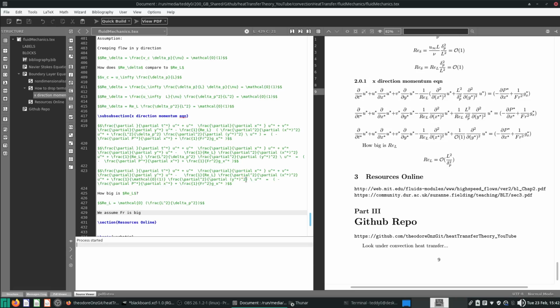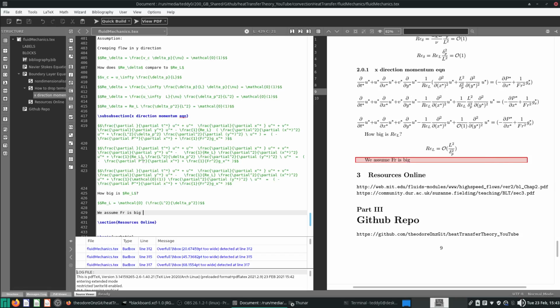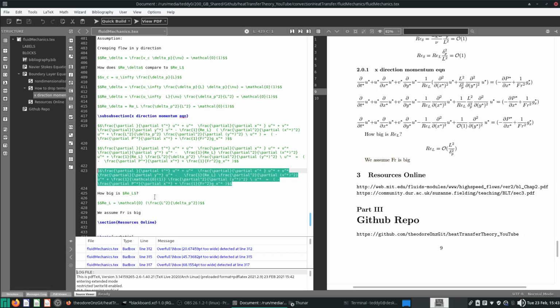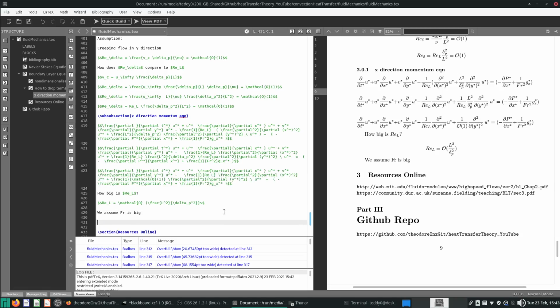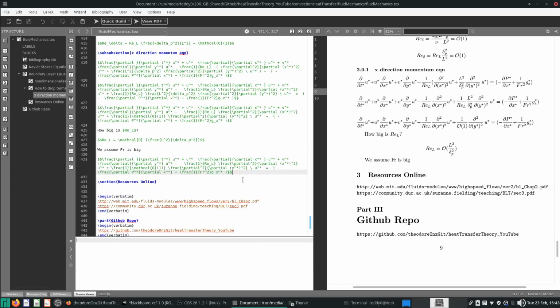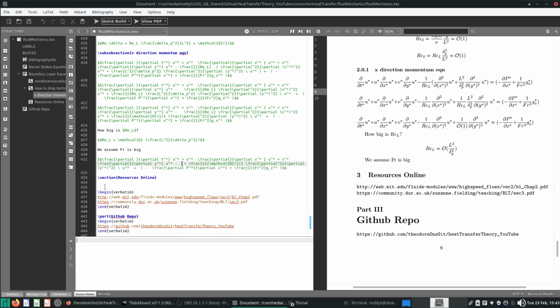So let's assume that the Froude number is big, so that the gravity terms can disappear, and the Reynolds number terms here will also disappear. So that's how we can use this scaling to systematically conclude which terms can be taken out.